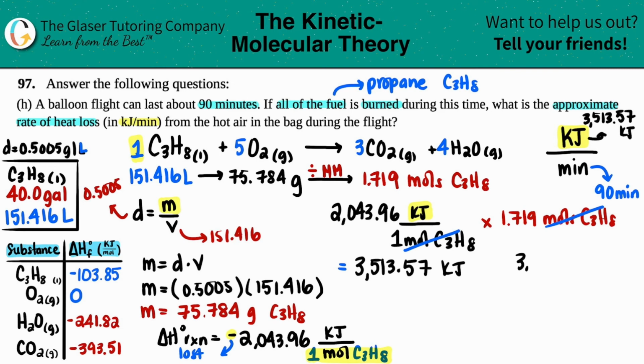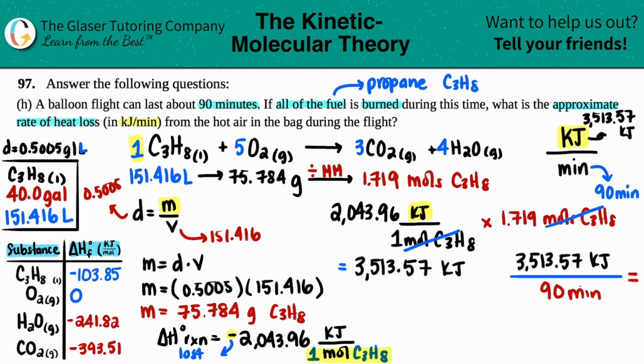So 3,513.57 kilojoules divided by the 90 minutes, because we knew that number all the way from the beginning. This equals, I'll just put the answer over here. Let's see.